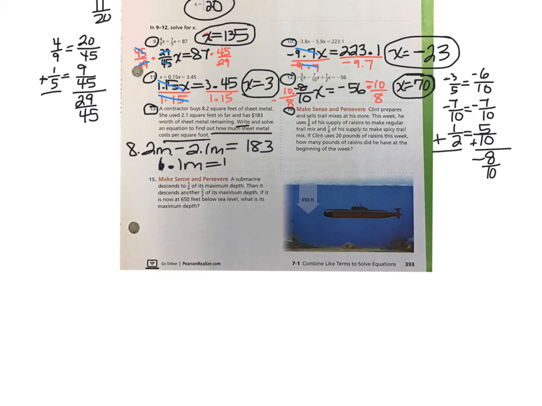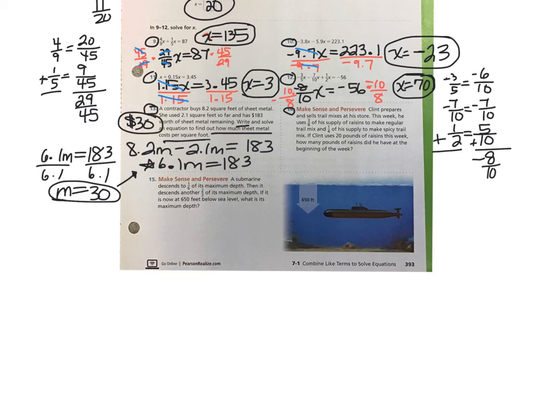And that sheet metal is worth $183. So this is the equation that we're trying to solve. And when we solve that equation, what we end up with is $30 is the cost of 1 square foot of sheet metal. So that sheet metal costs $30 per square foot.